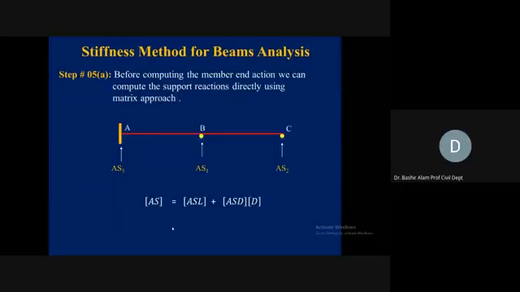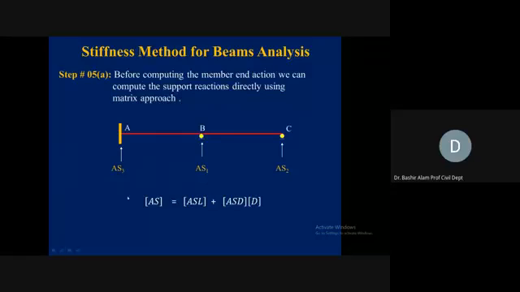Now, step number 5, the member end actions. That is our normal step, and we did the same way in the flexibility method also. Here, instead of the member end actions, I'm interested in finding out the support reactions, so you can find them because you have all the information. So what is the basic equation?